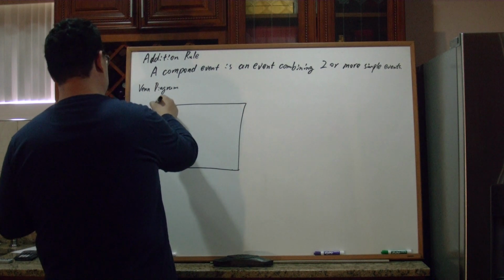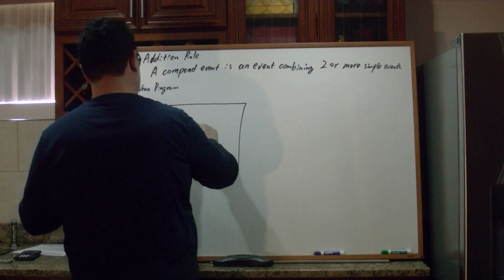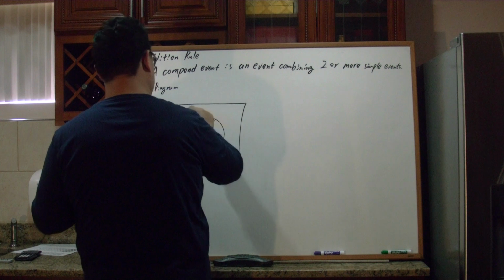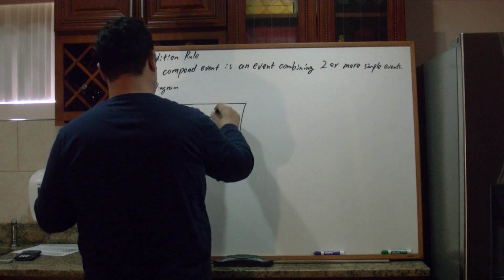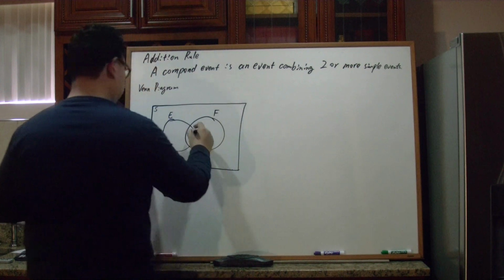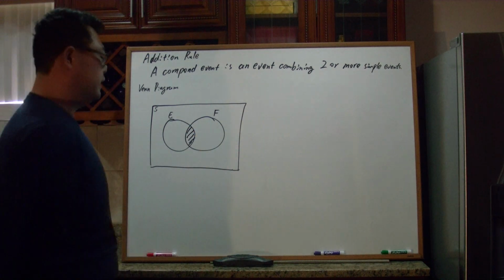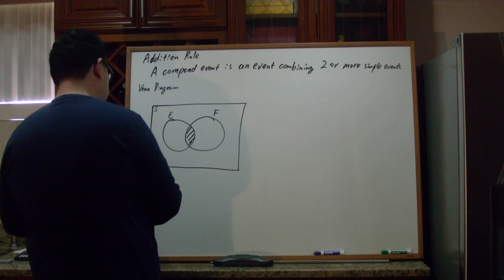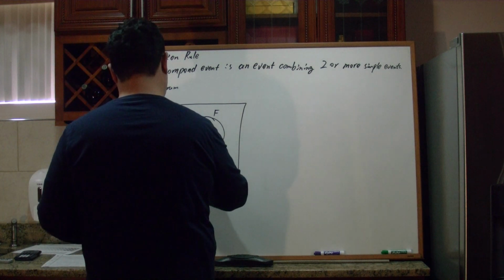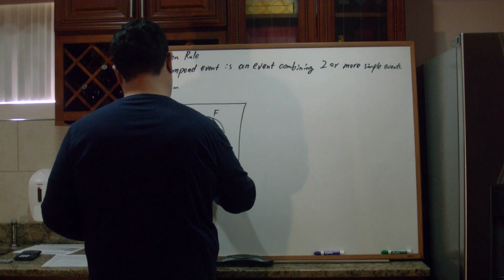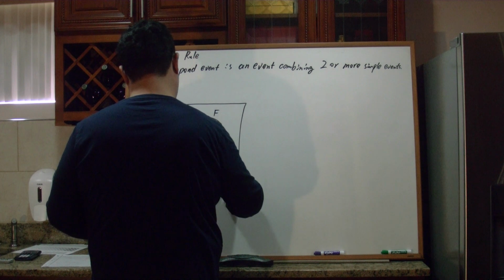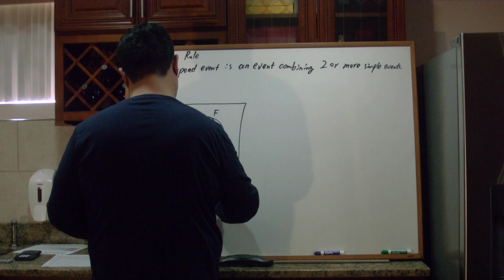Right, the entire sample space and the event E and the event F. The middle intersection part is that piece where both E and F occur.